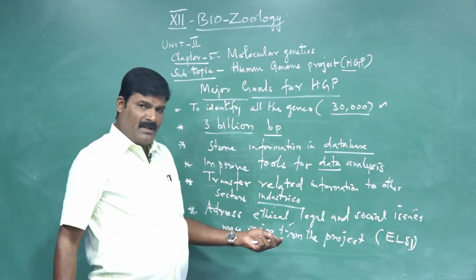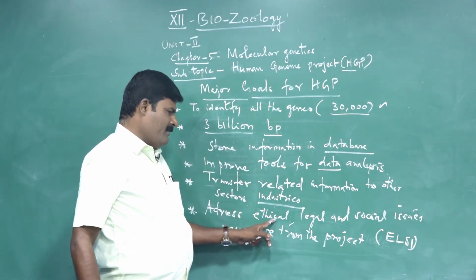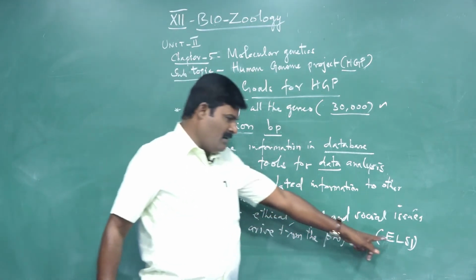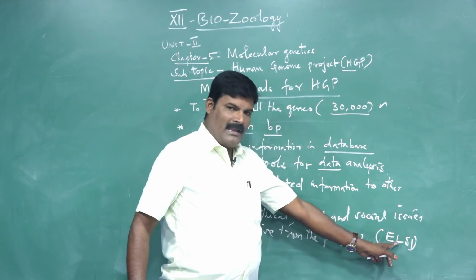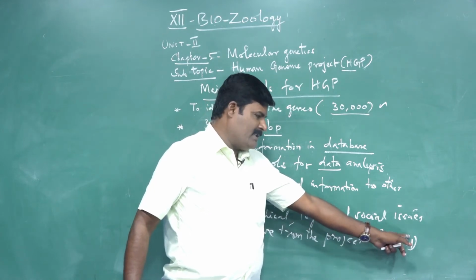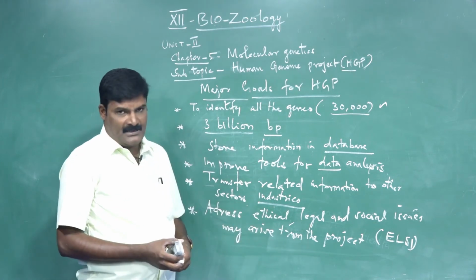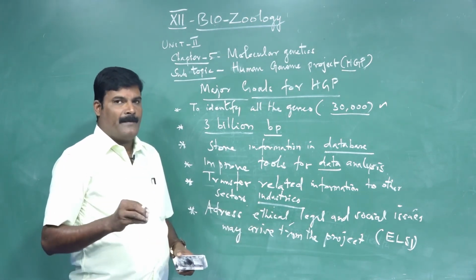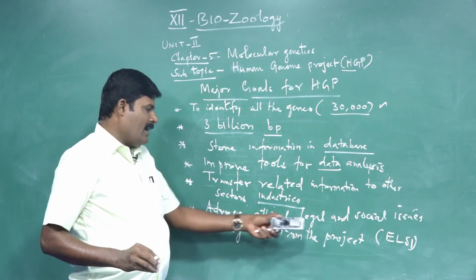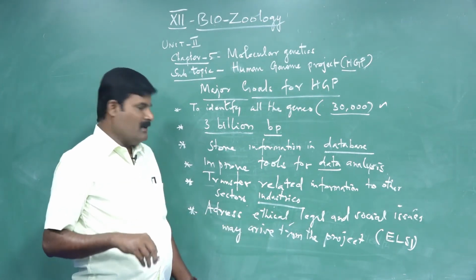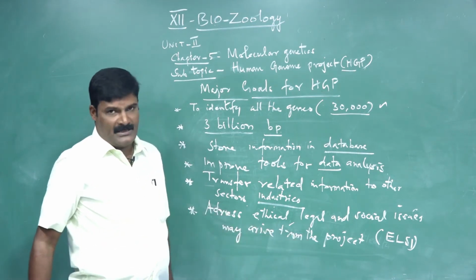What is the expansion of ELSI? Ethical, legal and social issues. E for ethical, L for legal, S for social, I for issues. They may arise from this project. Ethical means moral, legal means through the law, and the social issues may arise from the project.